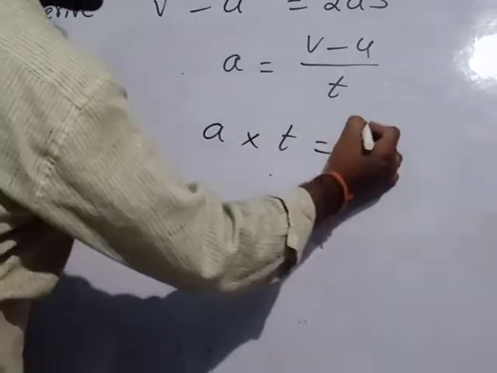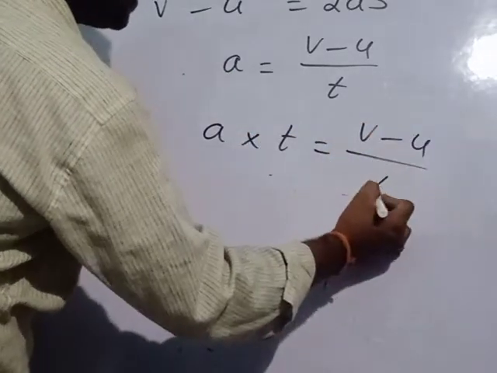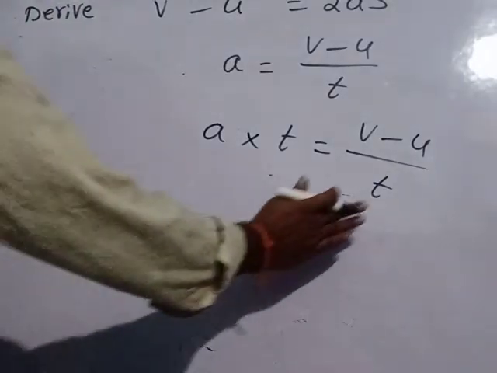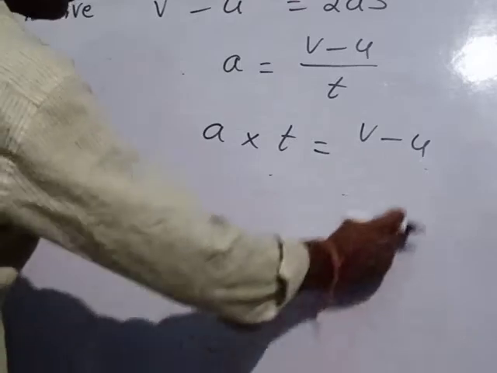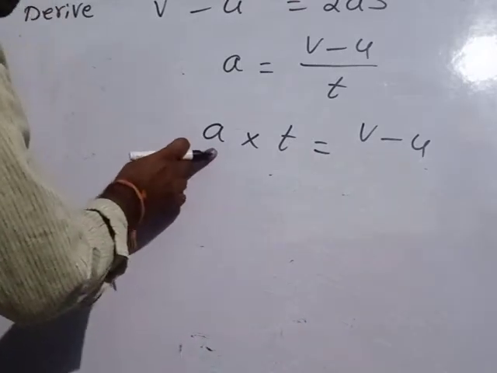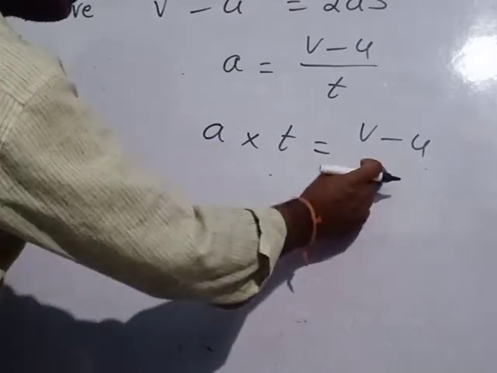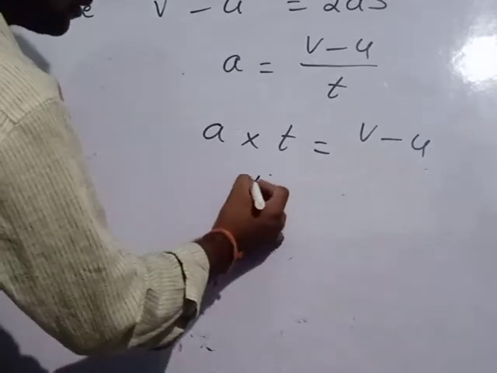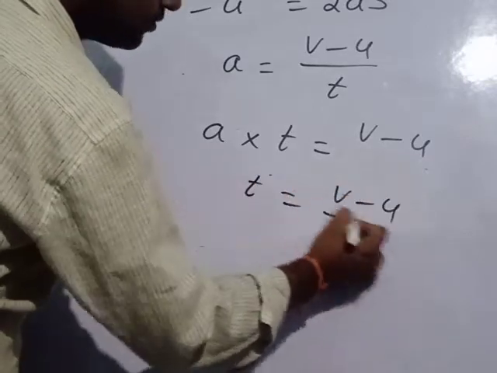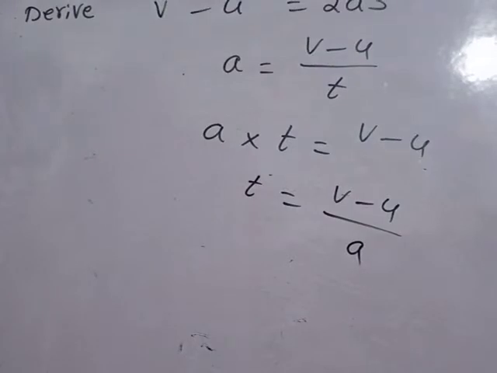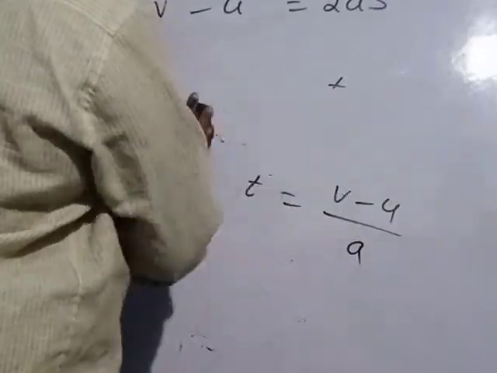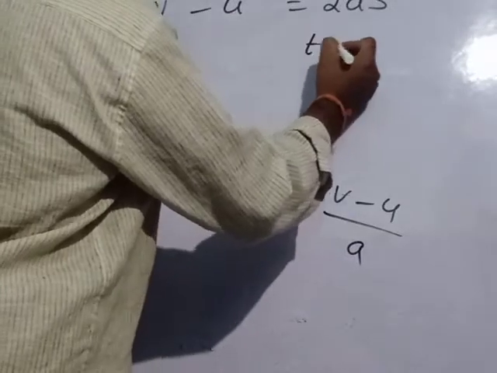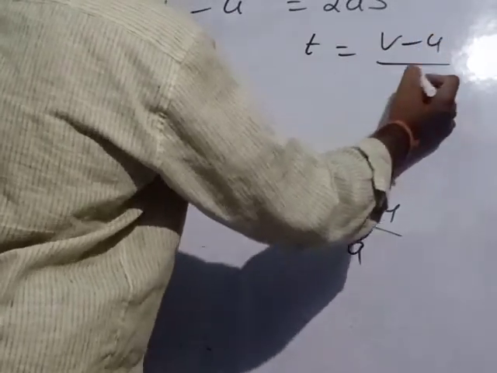A into T is equal to V minus U. Now again A transferred to RHS side. Here multiplication is there. Now transpose means division. So T is equal to V minus U by A. This is the time formula.